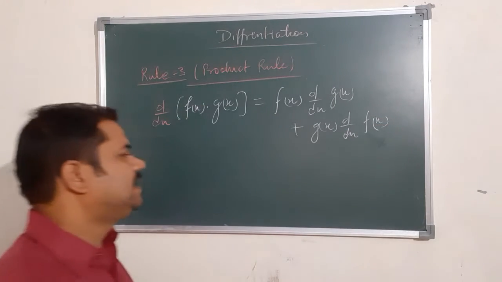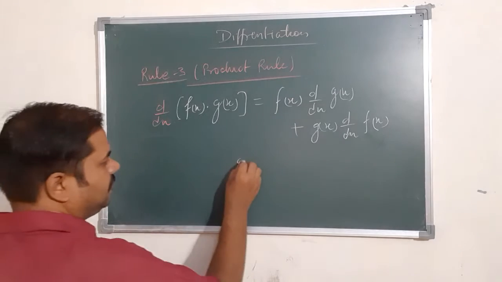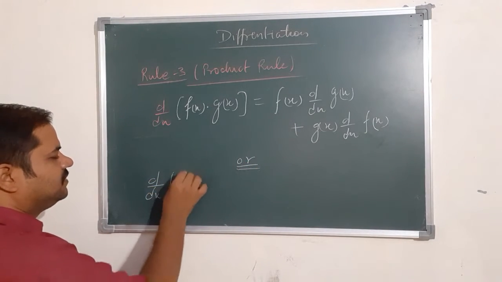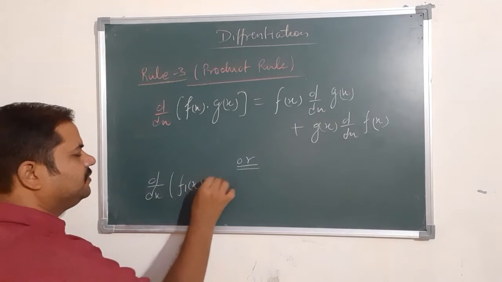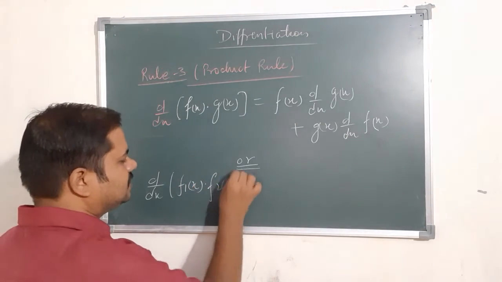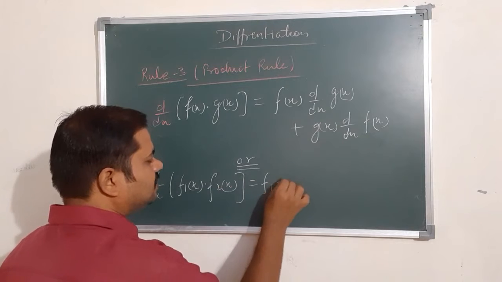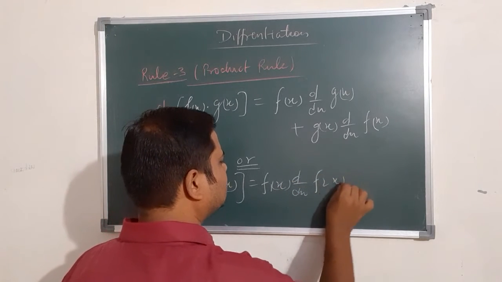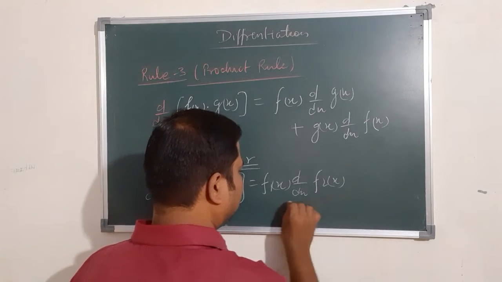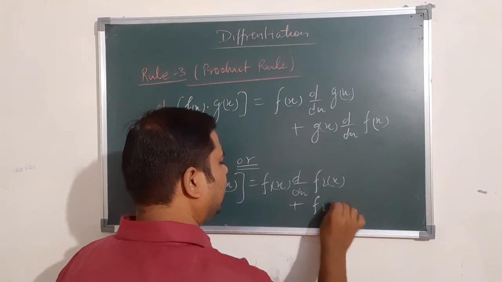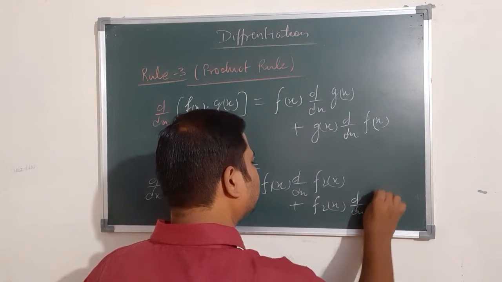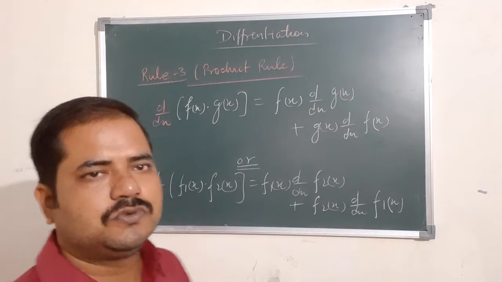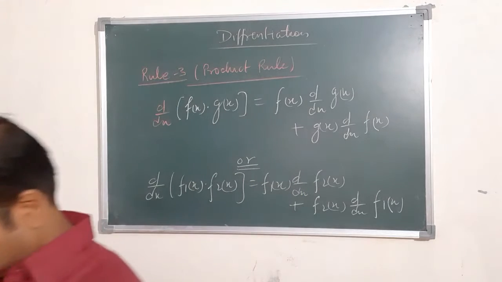Either you can write it as f1 into f2, that means first function into d by dx of second function plus second function into d by dx of first function. So this is the product rule. So note it down.